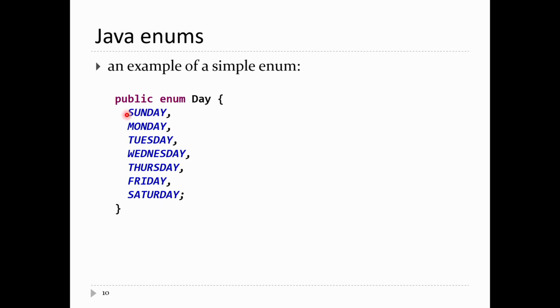Each one of these things here is just the name of a field that corresponds to a constant day. So all caps SUNDAY is the name of a Day object that corresponds to the day Sunday. All caps SATURDAY is the name of a Day object that corresponds to the day Saturday. So super easy to use.